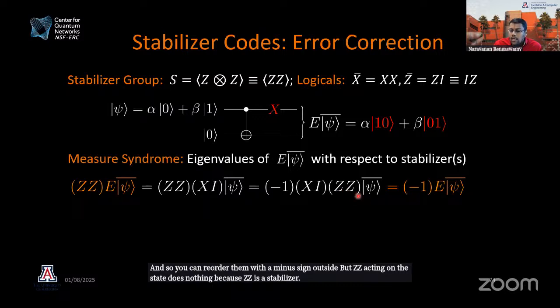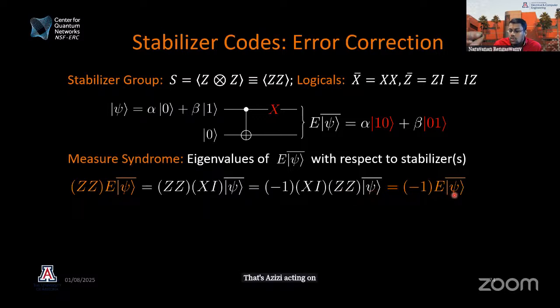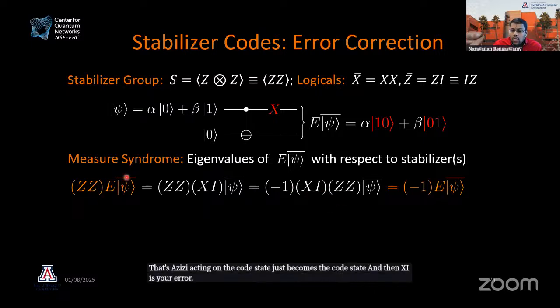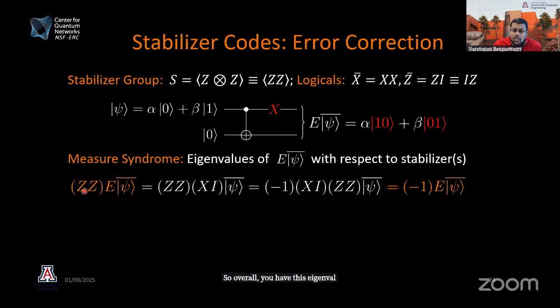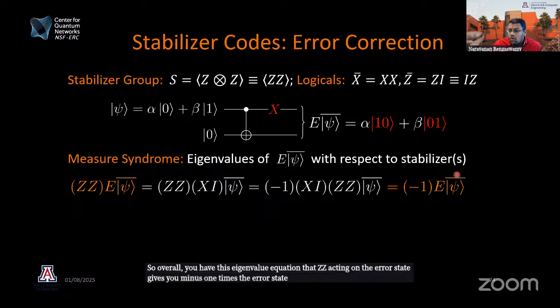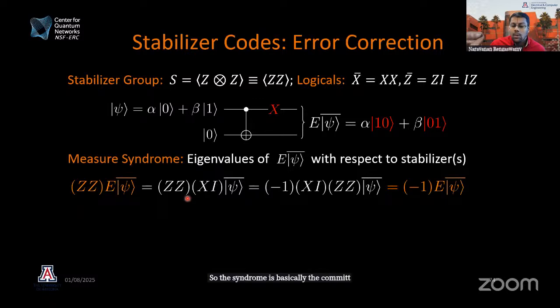ZZ acting on the code state just becomes the code state, and then XI is your error. Overall, you have this eigenvalue equation that ZZ acting on the error state gives you -1 times the error state. Therefore, the error state is a -1 eigenvector of the stabilizer. That's what actually happens when an error happens. The syndrome is basically the commutativity relation between the stabilizer and the error.